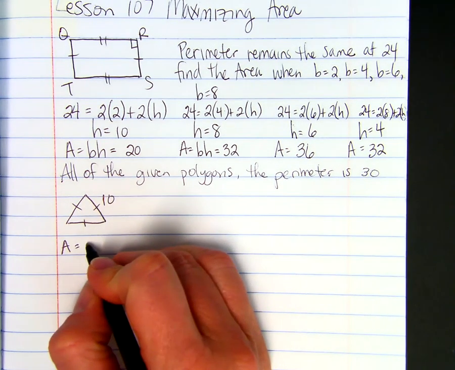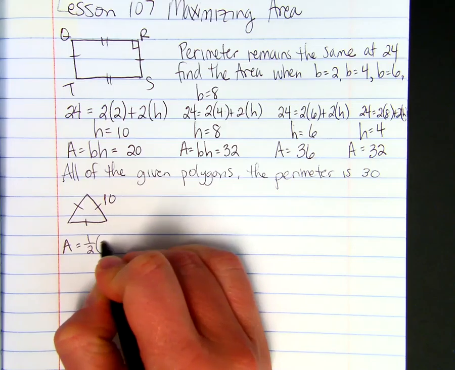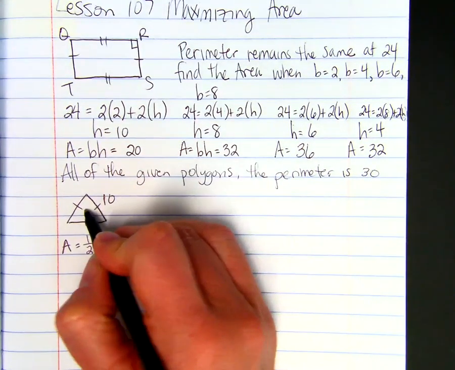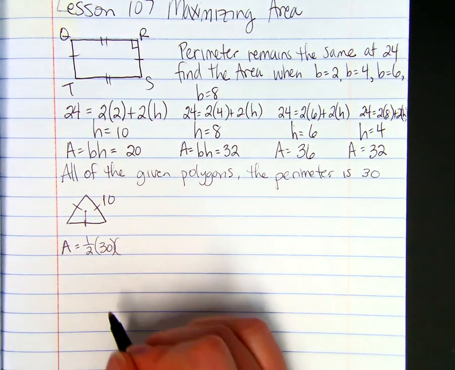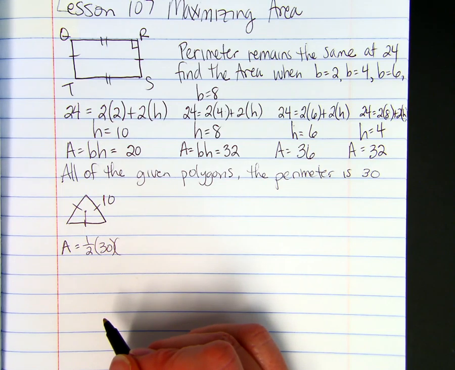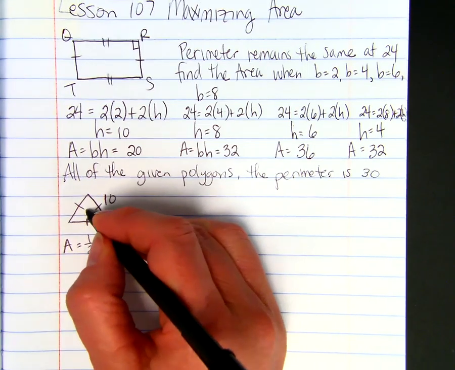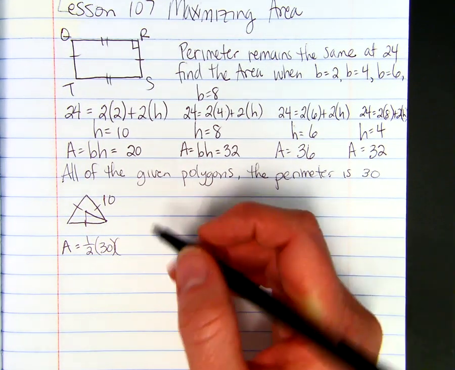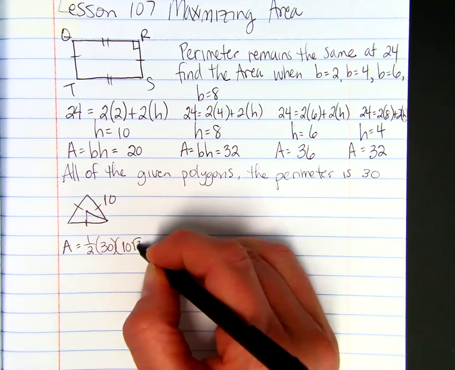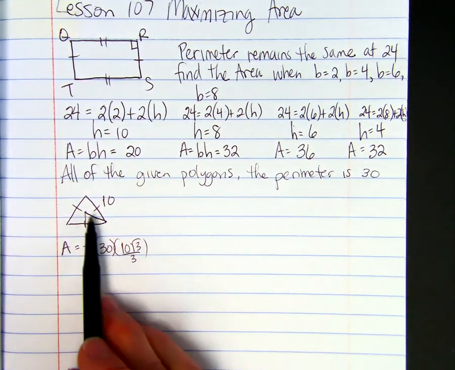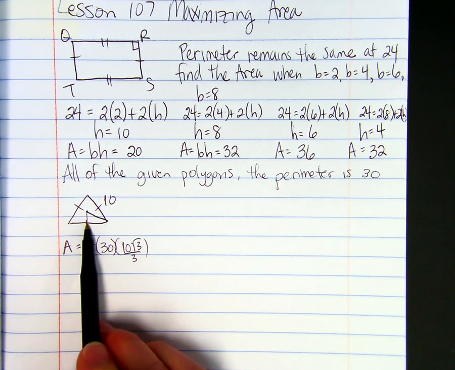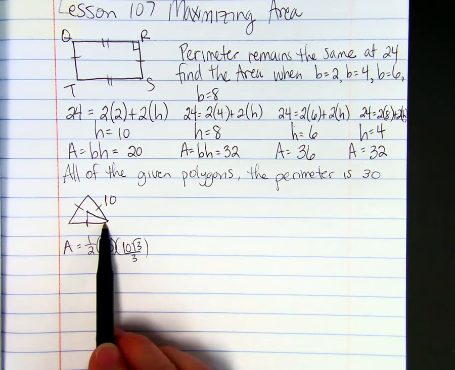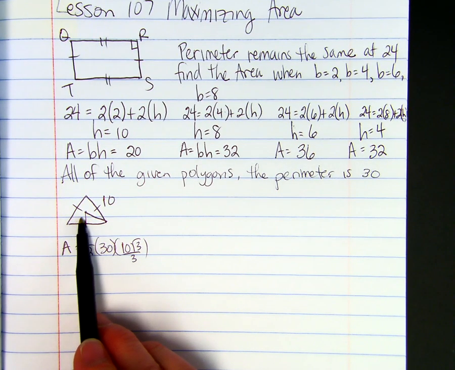Okay, so we do 1/2 of 30, and then we have to find the apothem, which is 5 root 3 over 3.